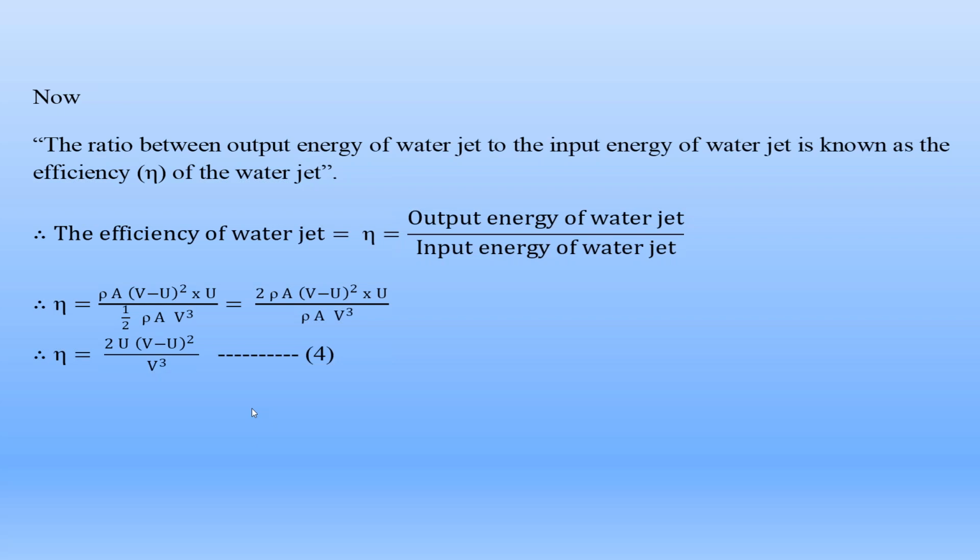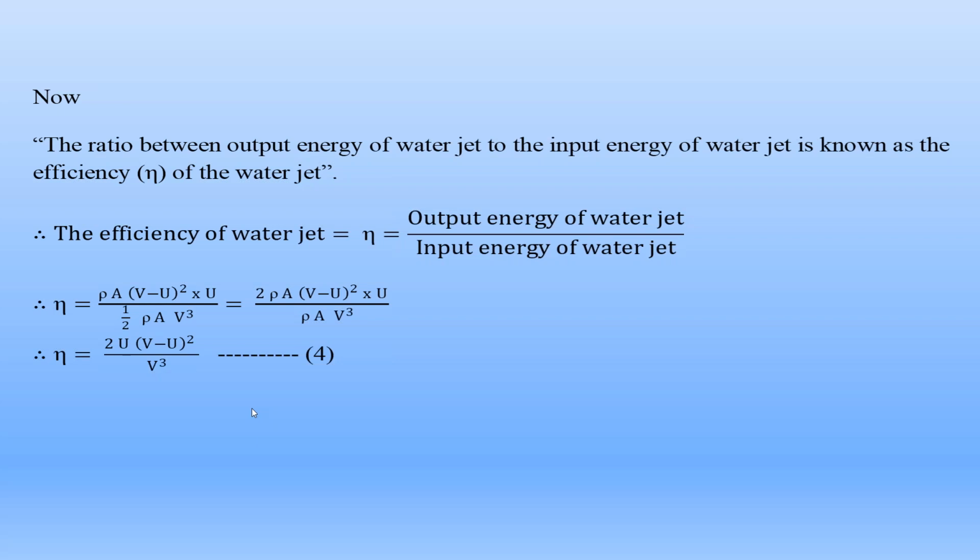Now, in equation 4, if we assume the absolute velocity of the water jet V as constant, then from equation 4 we can understand that the efficiency of the water jet depends on the absolute velocity of the moving plate u.